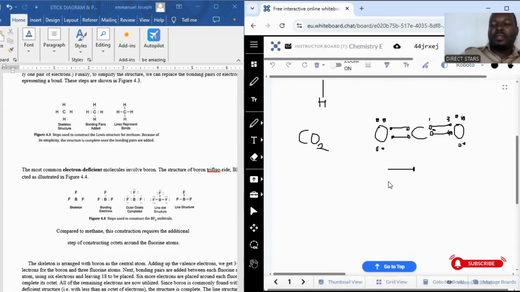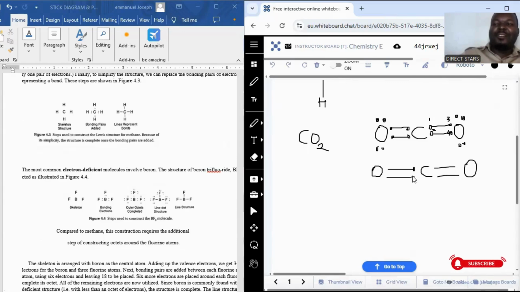So that makes my carbon dioxide have double bonds on both sides. So you can see what information a line structure can also provide. It tells you there are multiple bonds in carbon dioxide, which are double bonds.